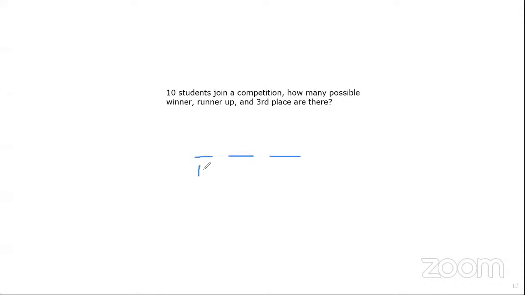For the first one, there are 10 possibilities, the second one 9, and the third one 8. You multiply them. That is the same as 10 times 9 times 8, which is the same as 10 factorial divided by 7 factorial.